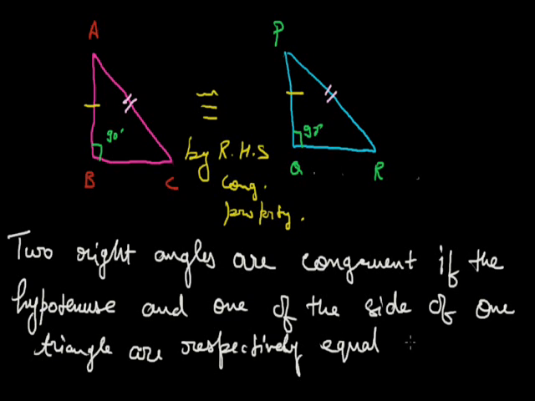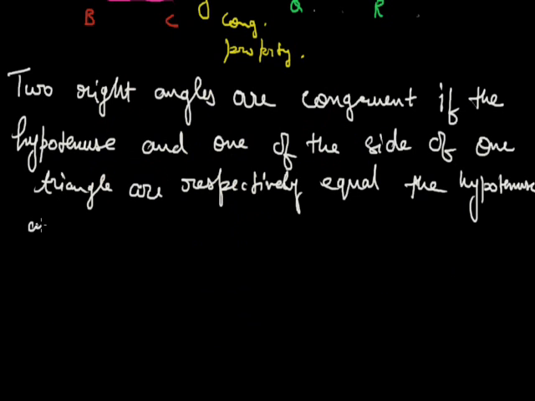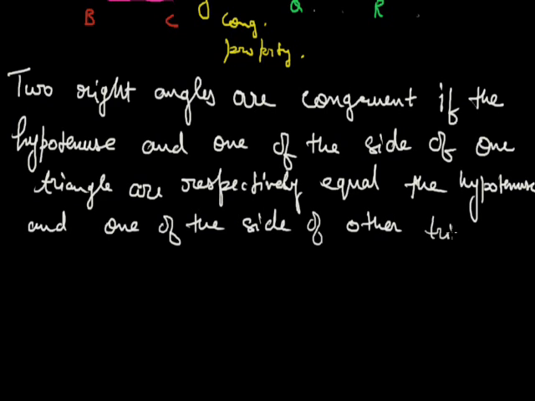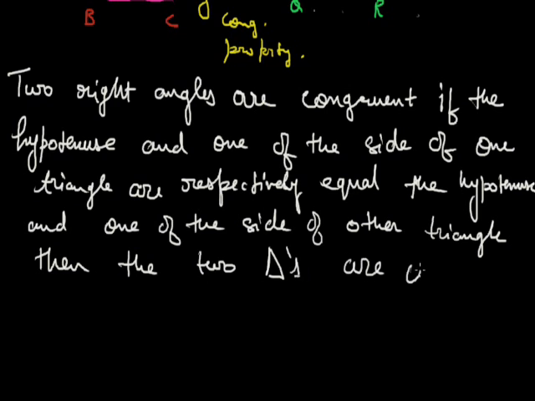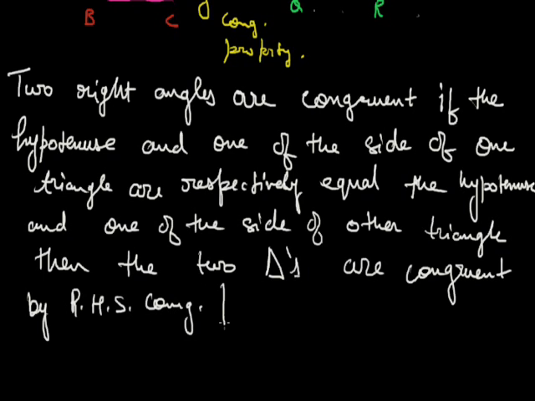Then we can say the hypotenuse and one of the side of one triangle are respectively equal to the hypotenuse and one of the side of the other triangle, then the two triangles are congruent by right angle hypotenuse side congruence property.